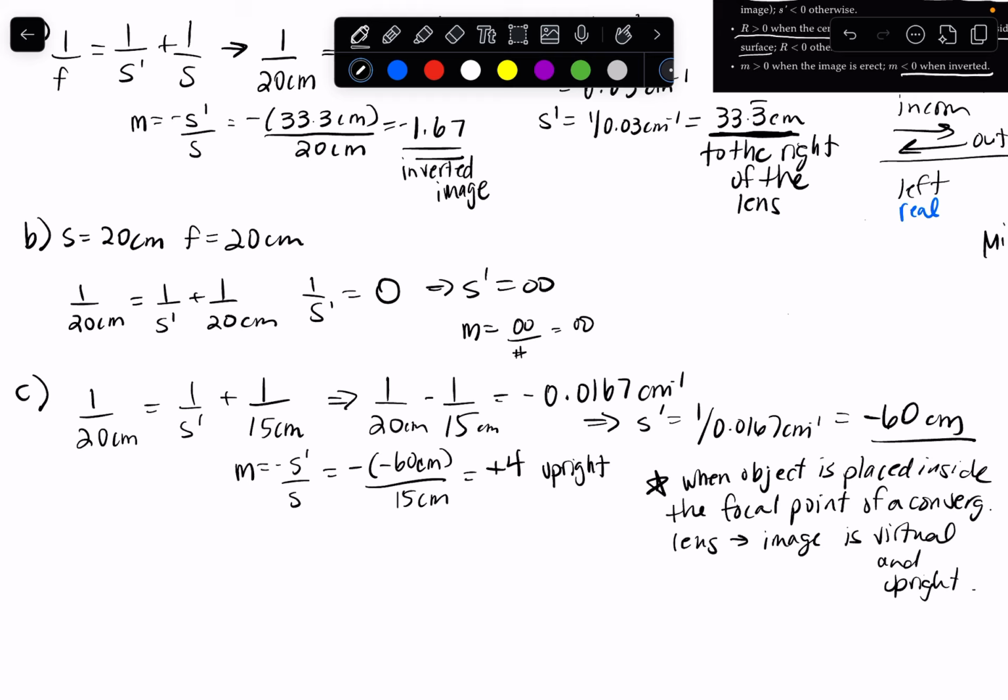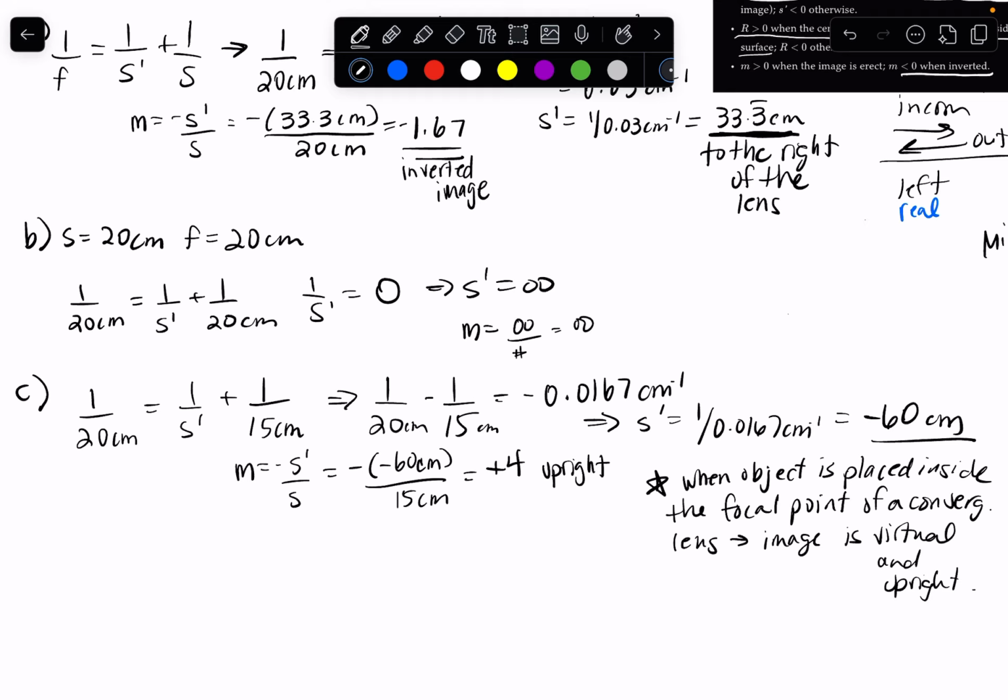When you compare these object distances to the focal length, you can get some commonalities. So for example, for part C, for a converging lens, if the object is placed in between the focal point and the lens, then you're going to get out of it an image that is upright but on the virtual side of the lens.